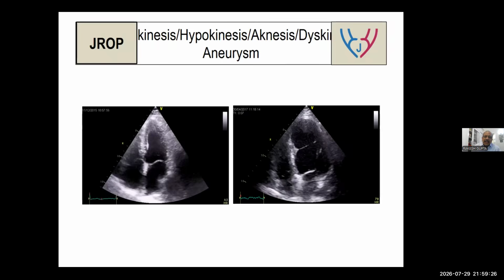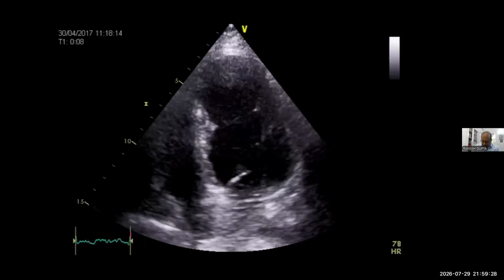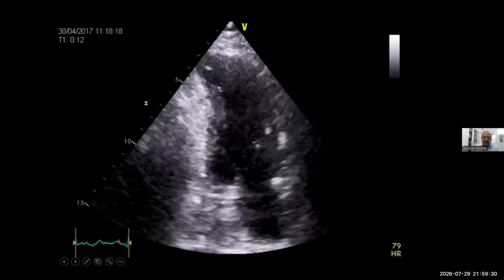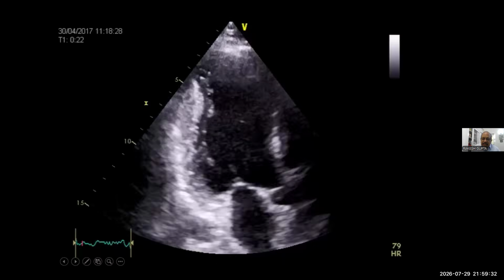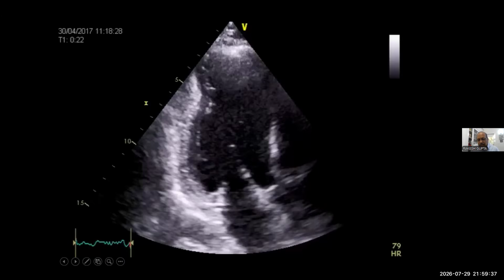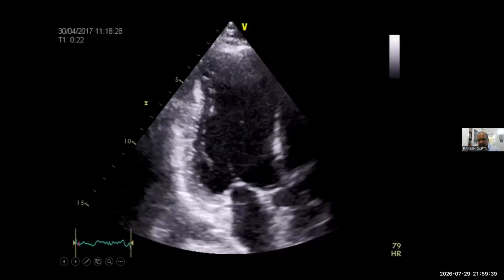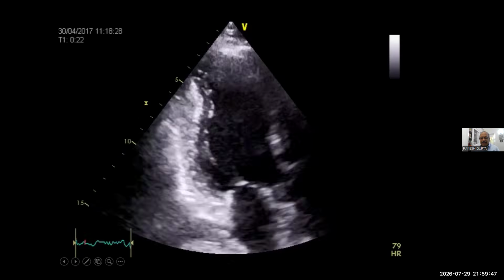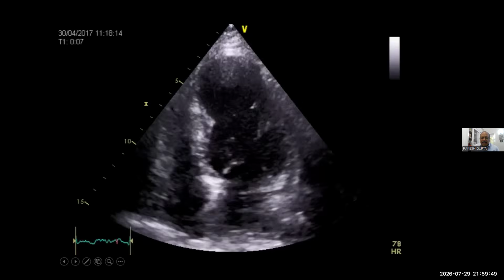Now, what do you say? The dyskinetic segment does not show any systolic contraction inward, it shows a systolic movement outwards. On the contrary, if an aneurysm is present, what is the clinical significance?